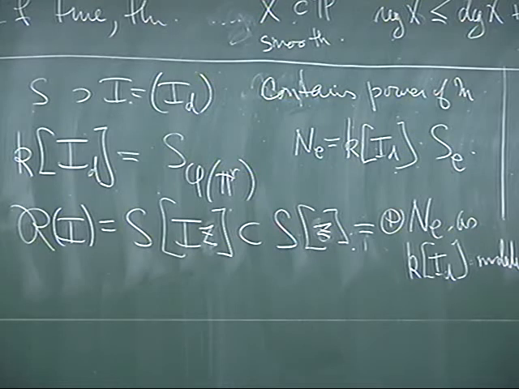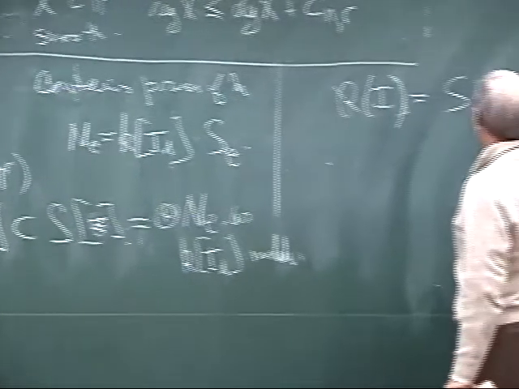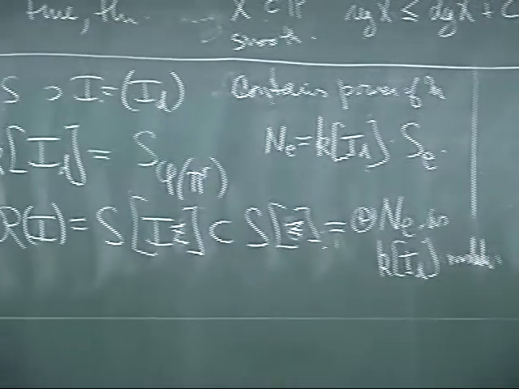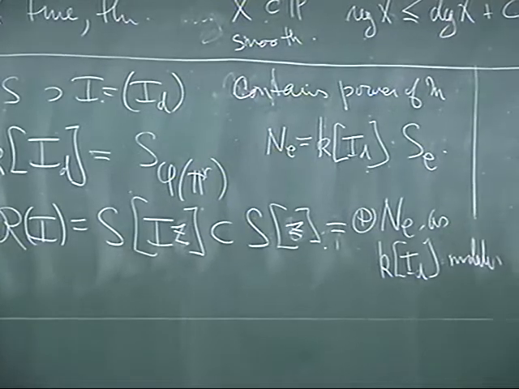Now, in general, you can write the Rees algebra as the polynomial ring S, and then some new variables corresponding to the generators of I, y0 up to y_s, whatever it was.